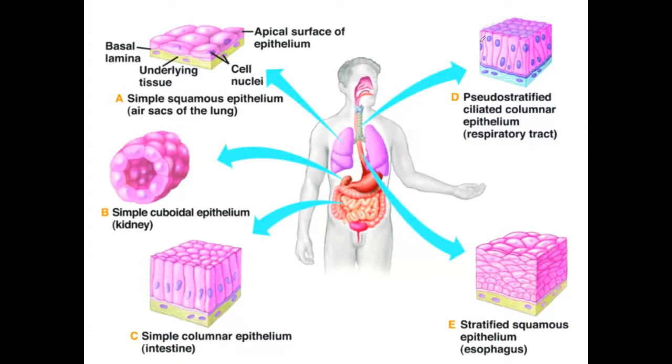The pseudo-stratified, you can see the nuclei are at multi-levels, but it's column-shaped and it's still one layer thick, so it's pseudo-stratified ciliated columnar. We find these in the respiratory tract. And then stratified squamous epithelium, we have multiple layers of these flat irregular cells. We'll find these where there's going to be areas of irritation, like the esophagus as food is going down the throat.